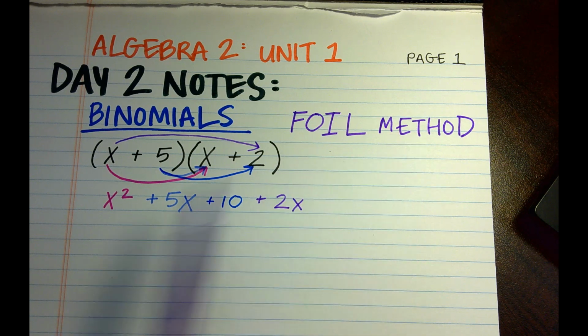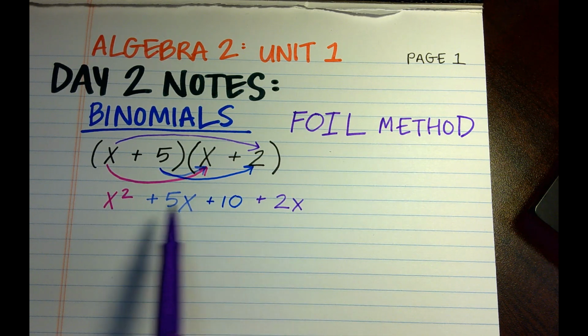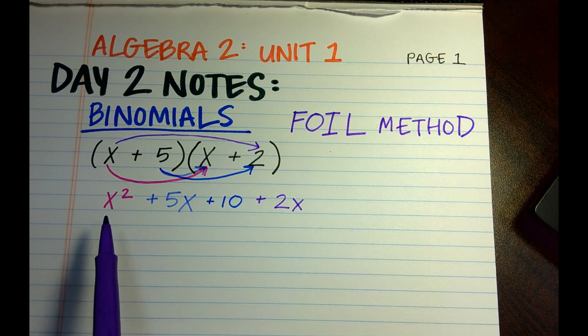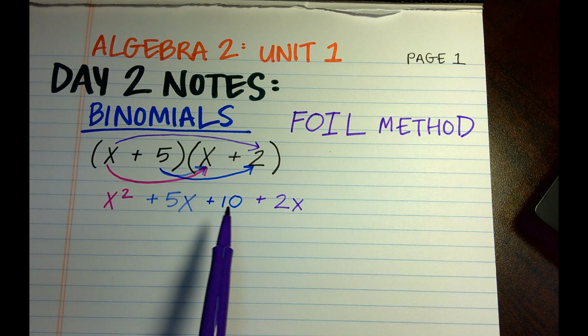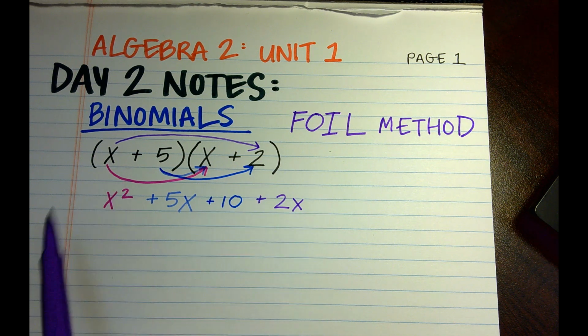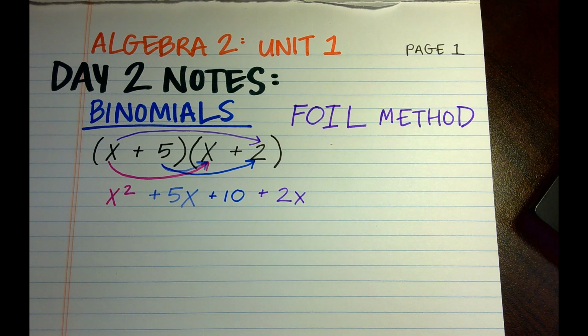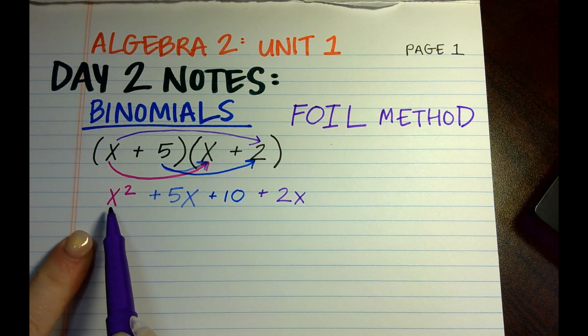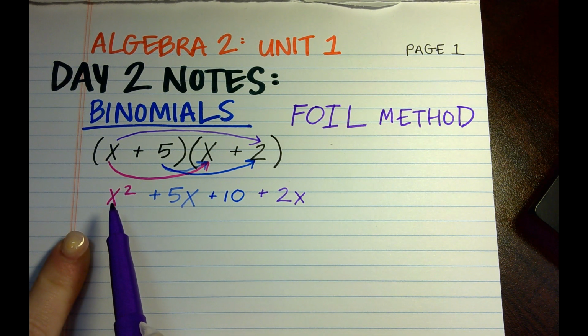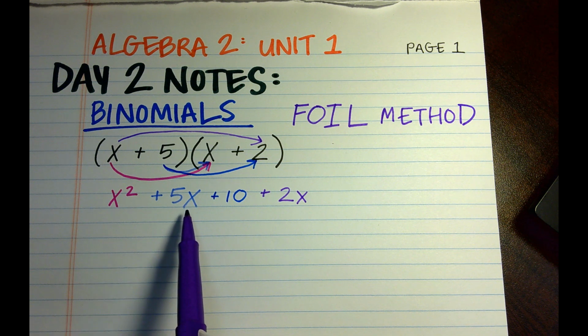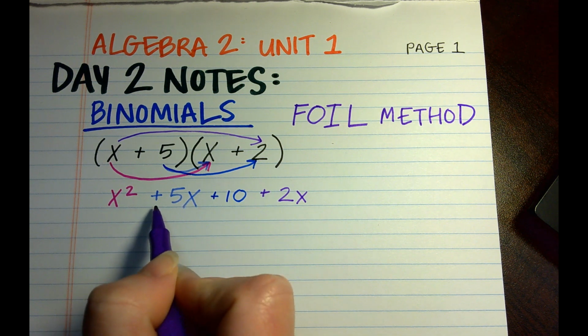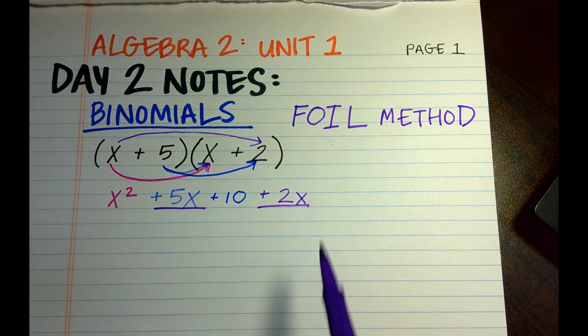Now, before we get into the FOIL method, we've got all these terms written out. I have x squared plus 5x plus 10 plus 2x. Is this simplified? No. What should I do to simplify it? Yes, I need to group and combine my like terms. Do I have any other x squareds to combine? No. How about x's? Yes, I have 5x and 2x.